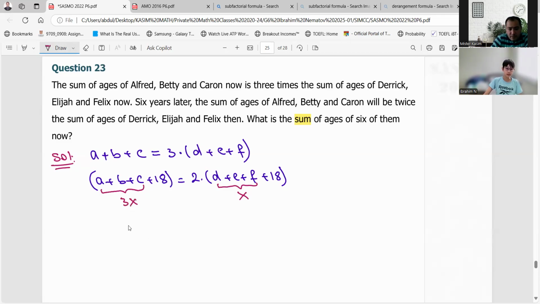So 3X plus 18 will be equal to 2 times X plus 18. If you solve this, 2X moves to the right-hand side, it is X, which will be 18, right?